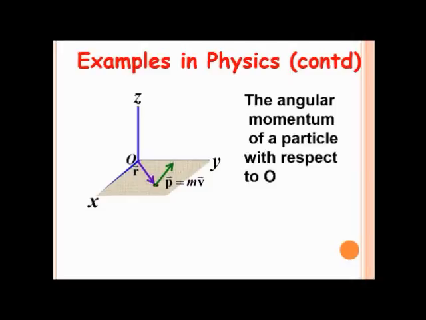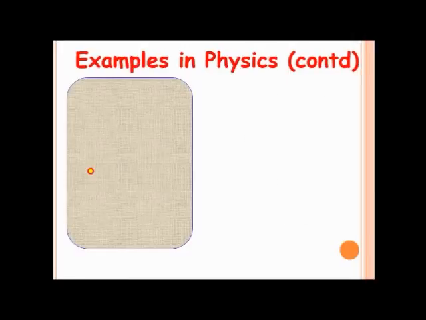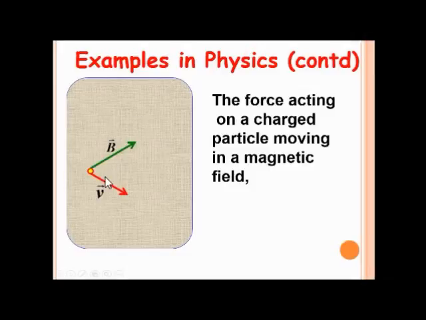This is one of the best examples in physics where you come across the cross product. Some more examples: the angular momentum of a particle also has a cross product, L equals R cross P, and the direction is perpendicular to both vectors R and P. Suppose we have B, the magnetic field, and V, the velocity.